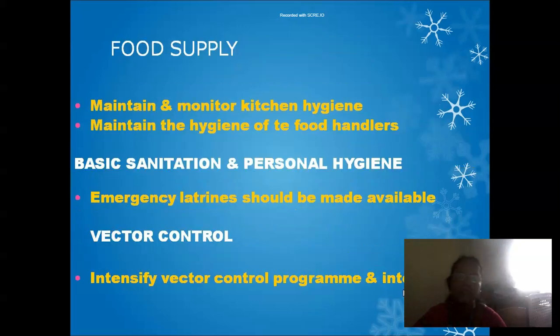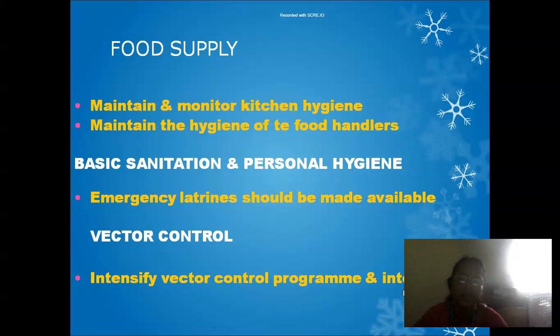Then the main thing is food supply. You know very well, whenever we supply food to the people affected by a disaster, we have to maintain and monitor the kitchen hygiene first, and the hygiene of the food handlers and even food suppliers.